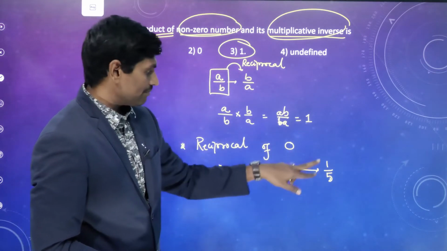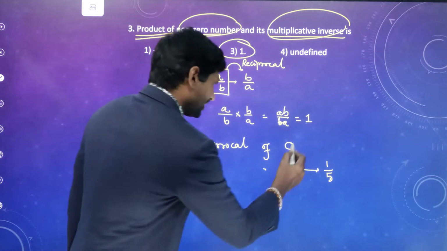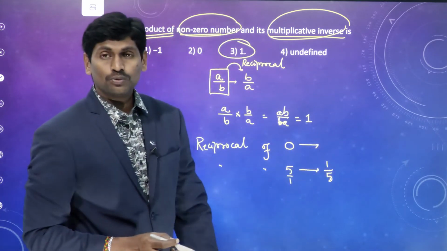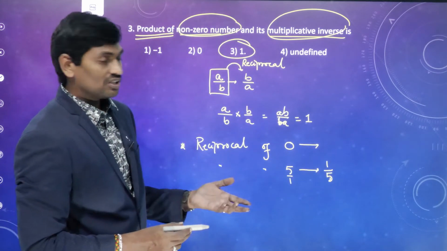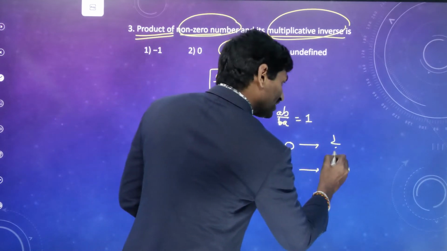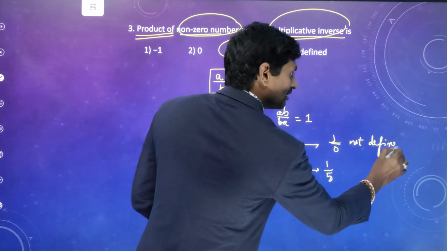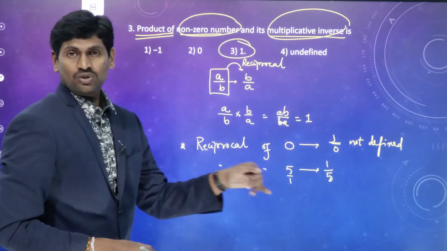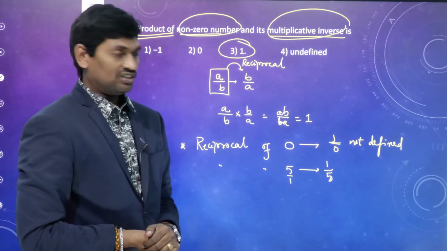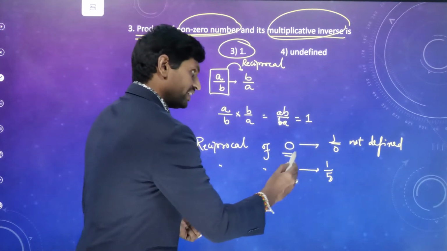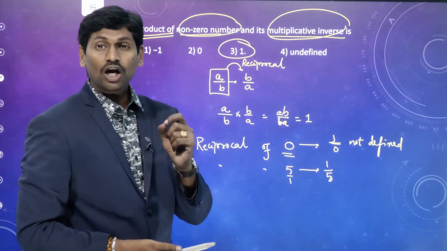So 5 by 1 becomes 1 by 5. Then just tell me, what is the reciprocal of 0? 1 by 0. 1 by 0 means not defined. Anything by 0 is not defined. So the reciprocal of 0 is not defined.